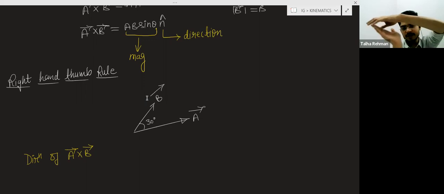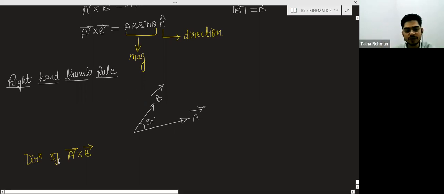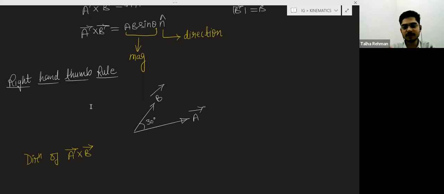So basically this is the A vector, and you will curl your fingers towards B. The direction of the thumb will give you the direction of A cross B. The thumb is pointing towards you, so the direction of A cross B by the right hand thumb rule will be towards the observer, or you can say towards the reader.